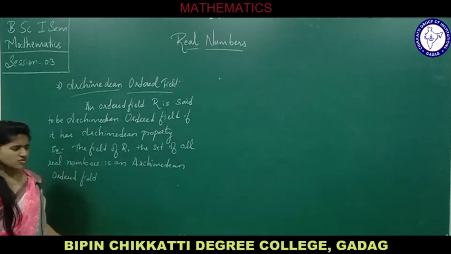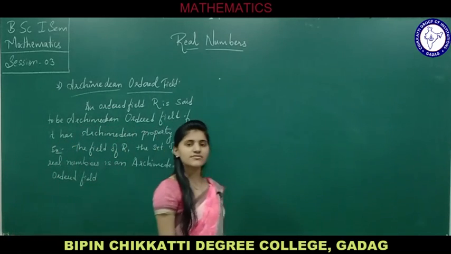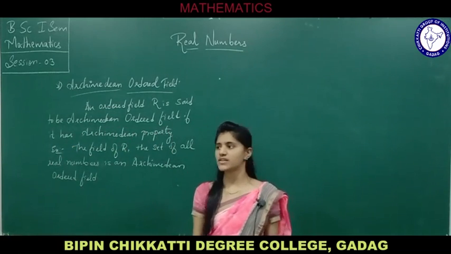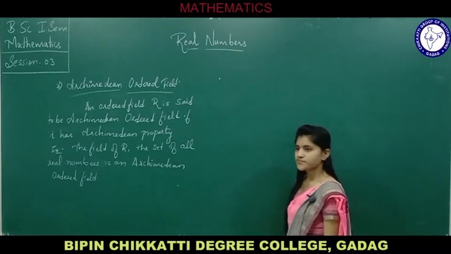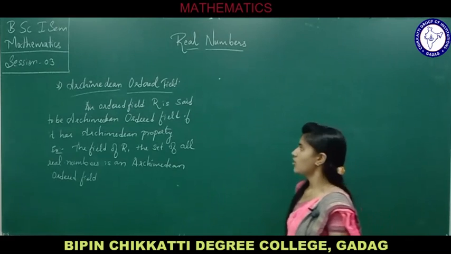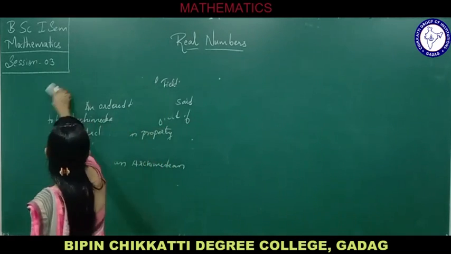Why? Because just now we proved that this set R satisfies the Archimedean property, right? That is why the field R of real numbers is an Archimedean ordered field. Let us go for one more theorem.